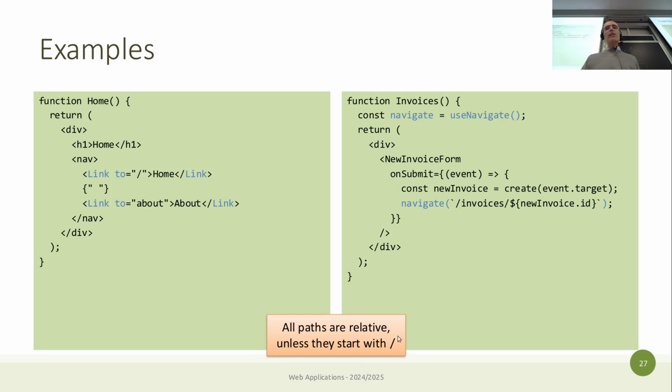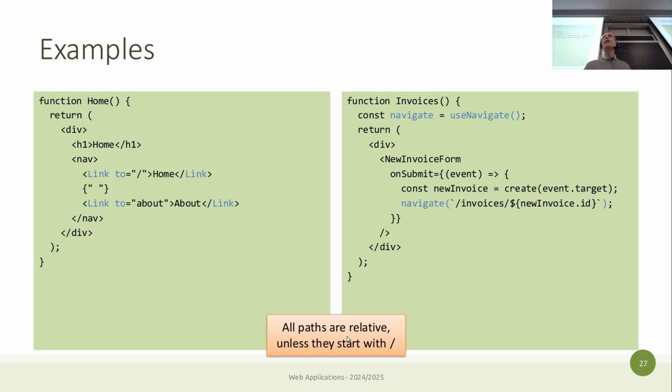Okay, so let's see some examples. So I need to navigate to a new URL. Well, just create a link. Just instead of using the anchor tag, use the link tag. Okay? It's provided by the React router library. You specify the URLs, to /home, to about, and so on.